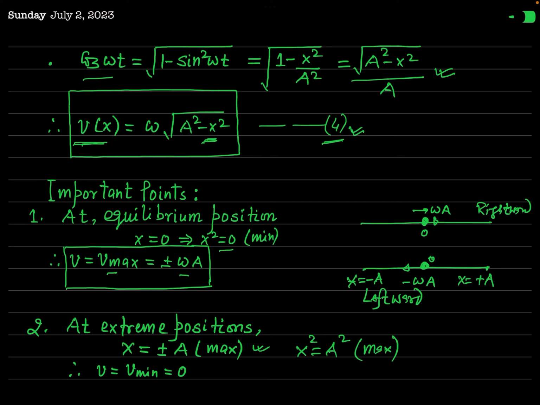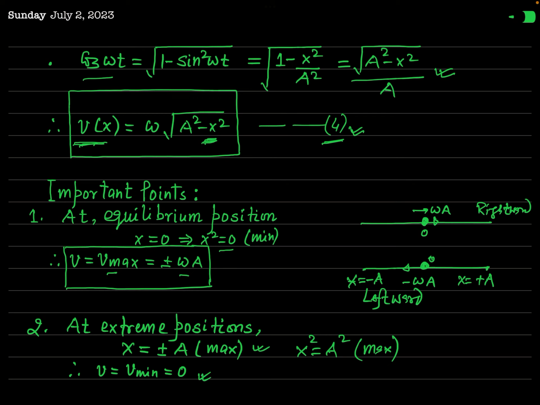According to equation 4, when x square is maximum, you get the minimum value of velocity. Therefore, at the extreme position during SHM, the velocity of the particle is minimum, and it is simply zero.